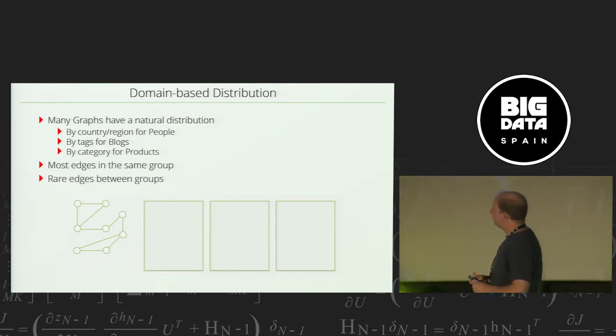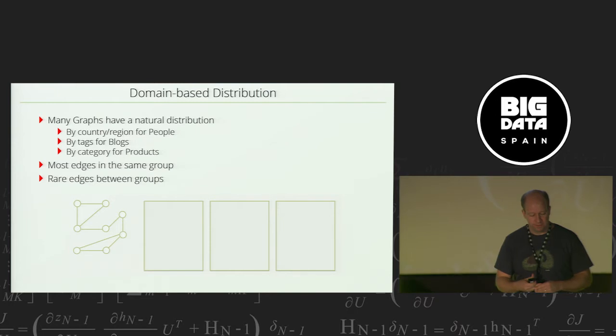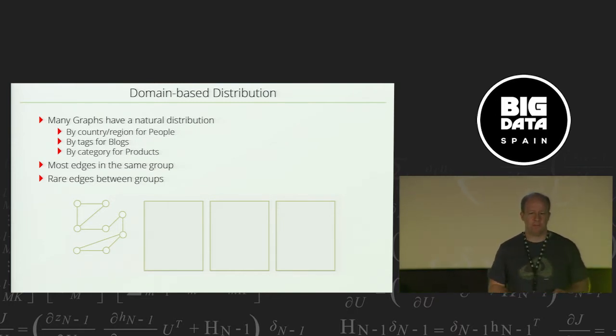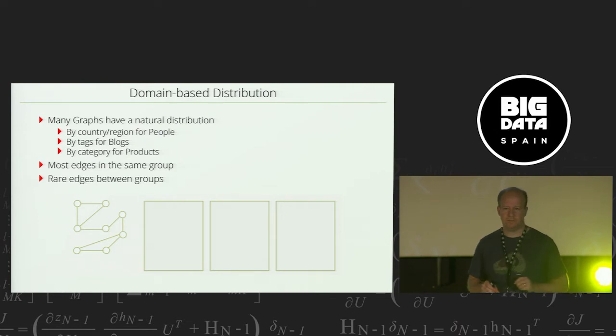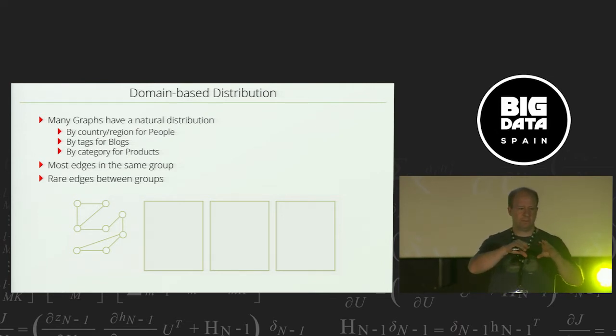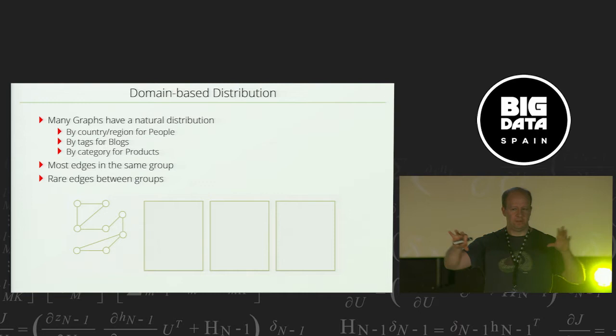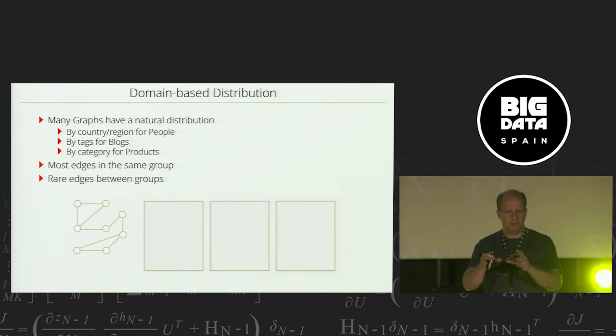Well, what we observed is that in many, many real-world applications, you know something about the graph, and the graph has a certain structure. Imagine you have a graph where the vertices are customers, then they live in some country. And if you're lucky, then most connections between customers will be in the same country.